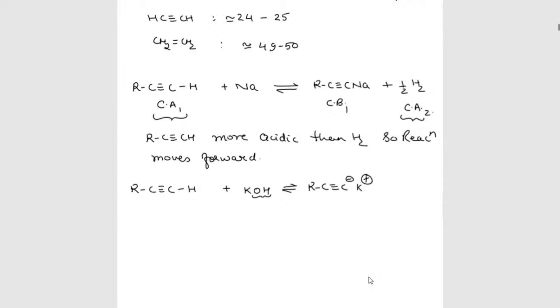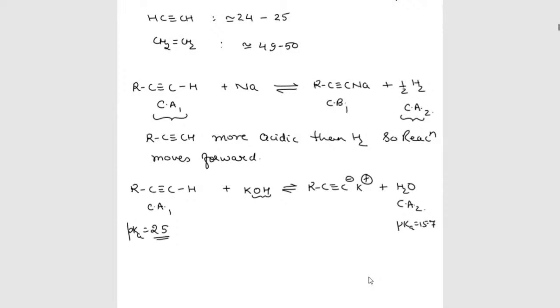So I'll write K plus, and here I'll write H2O. So this is my conjugate acid 1, this is my conjugate acid 2. Correct. Now, water pKa is 15.6, 15.7. Whereas this pK, that is the alkyne, we have already said, let me take it 25.